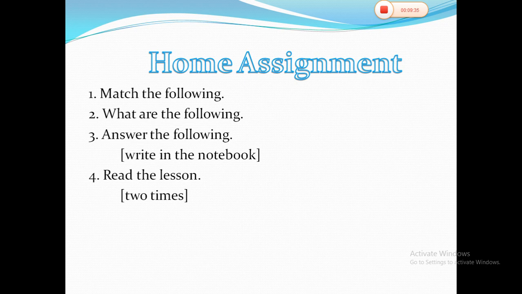You do it as a home assignment. Then next, answer the following, write in the notebook and read the lesson 2 times.